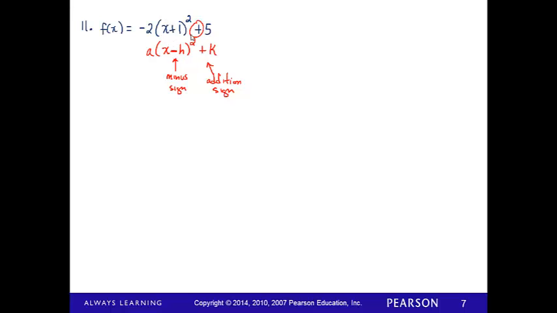So we need to rewrite this with a minus sign. You still have the negative 2 times (x, but now it's minus, which means your 1 has to be negative, whole thing squared plus 5. Now you have your minus sign and your plus sign in the correct place. h is the piece that follows the minus sign, and k is the piece that follows the plus sign.